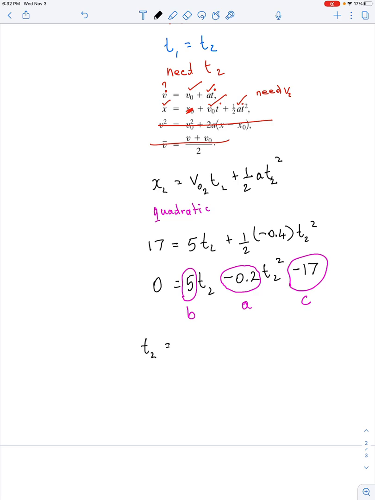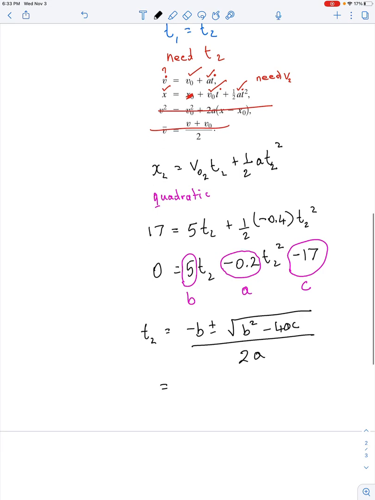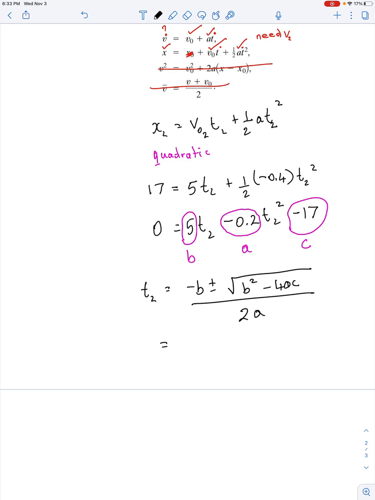So T2 would be equal to minus b plus or minus the square root of b squared minus 4ac, all over 2a. I'm not solving this for you, actually. I'm just putting in the numbers.